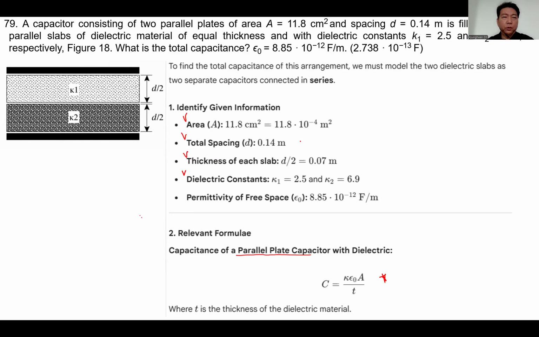If you look at it closely, let's assume that it is charged to plus Q and minus Q. Note that the dielectric is composed of dipoles, so the dipoles should be aligned in this way.